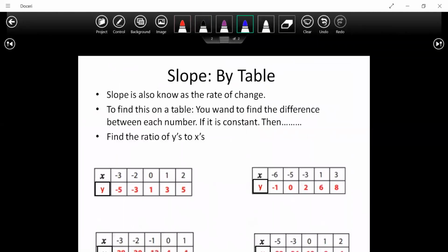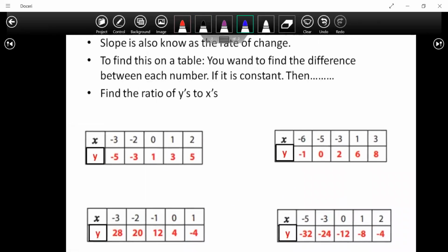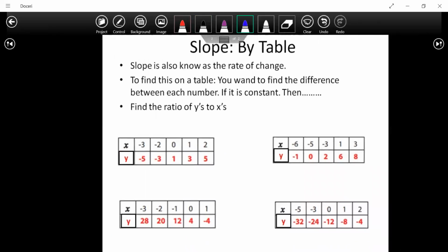Graph by table. Copy those down. Okay? This one, for most kids, is the most confusing. Don't let it be. Slope is also known as the rate of change, so we're going to find the change from x's and y's.